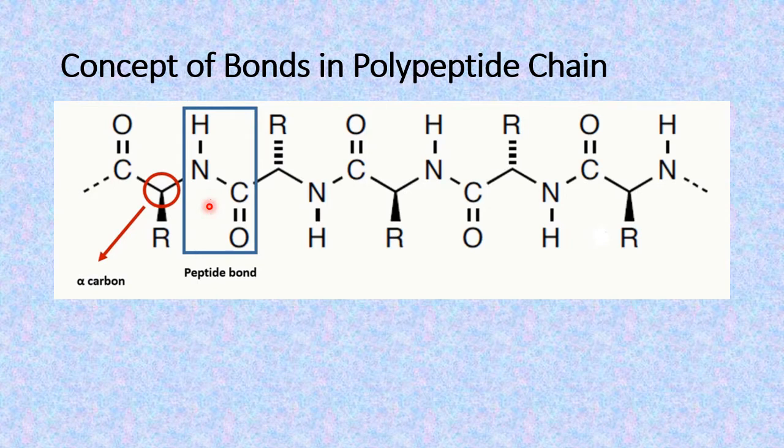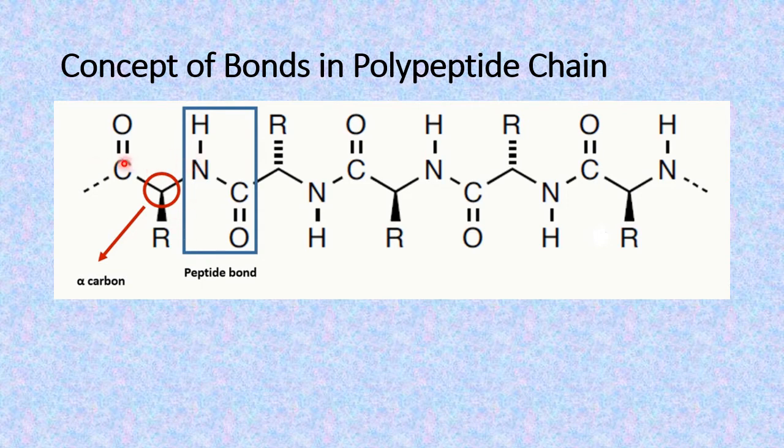Now we know that the primary structure or the 1D structure of protein is a polypeptide chain. That is, a sequence of amino acids which are joined together by means of peptide bonds. And each amino acid has the alpha carbon with the carbonyl group and the amide group.